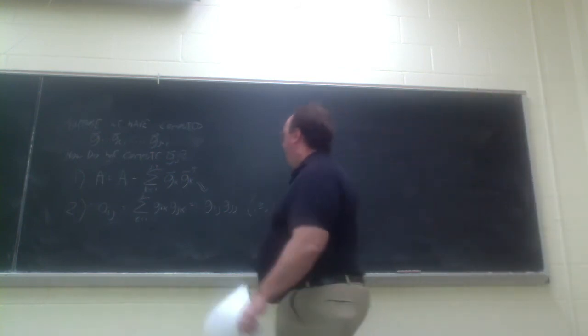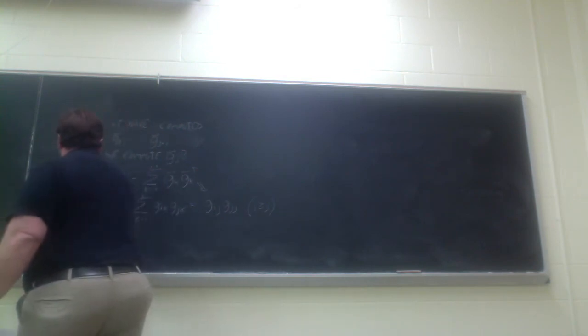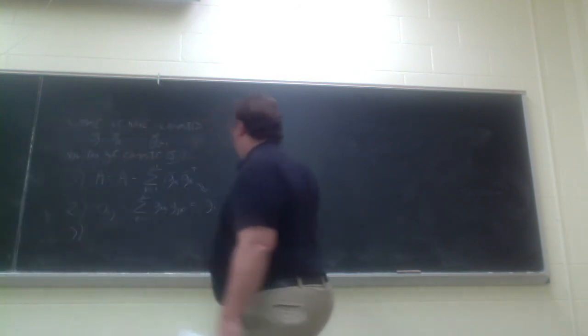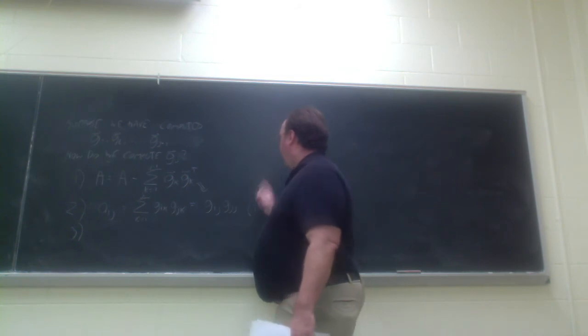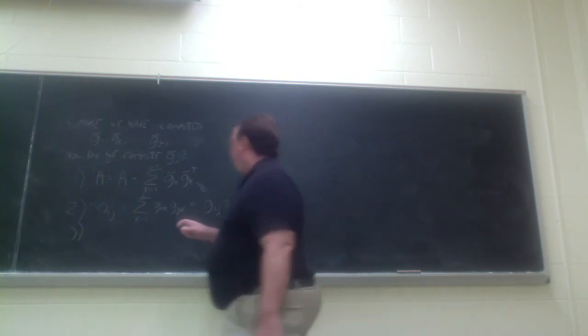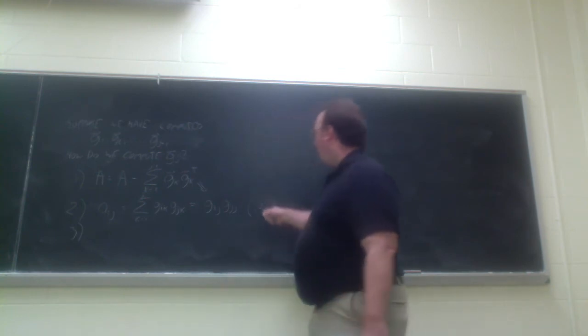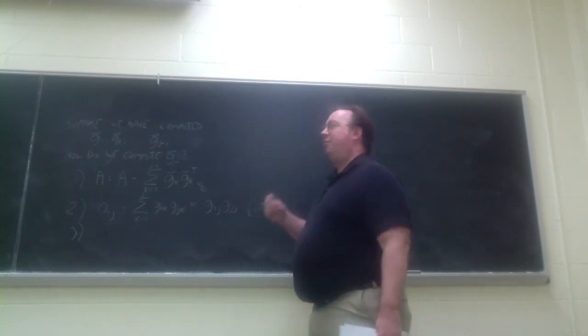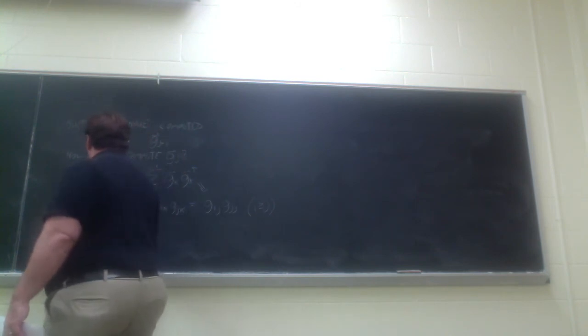Right now I don't know anything about column J, but I'm about to figure it out. Since I only care about the case where I is greater than or equal to J, I'll start with I equal to J. Let's see what happens in this equation in this case.